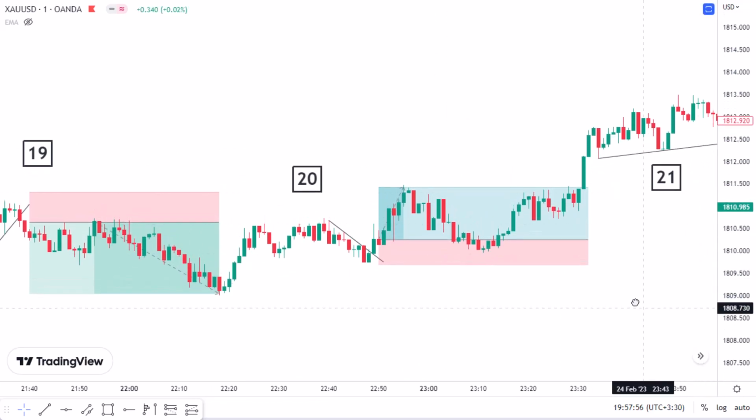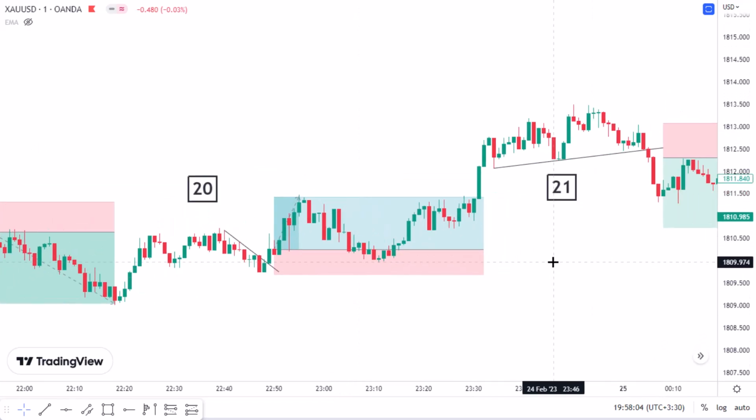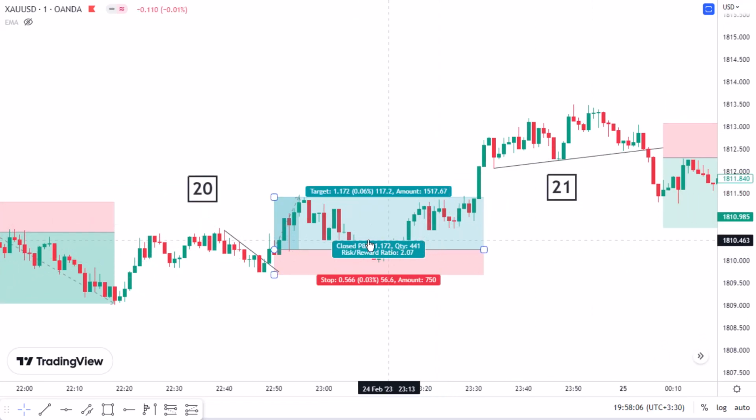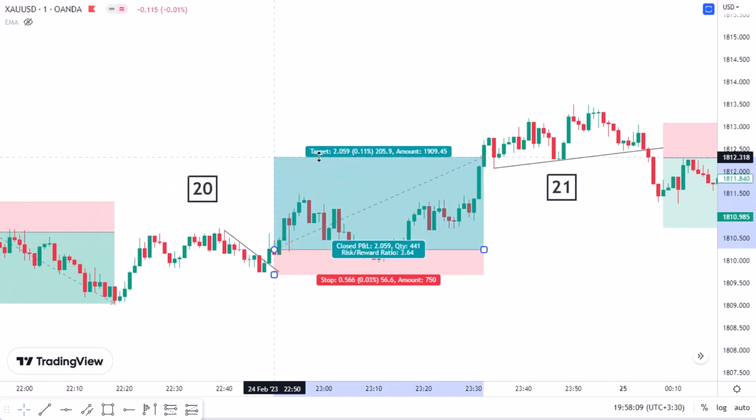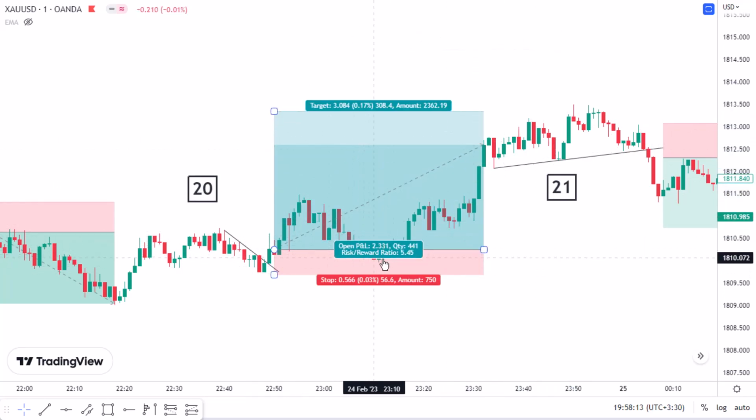On the next position we have this trend line here broken with this candle. We enter the position here, set our stop loss, and it gives us something around 2, and even more than that. You could earn even more here if you didn't risk-free your position.